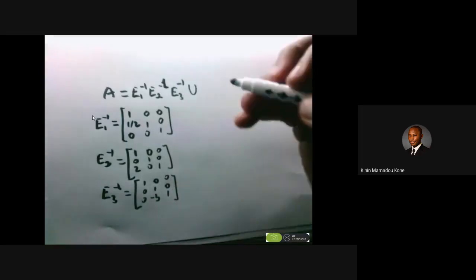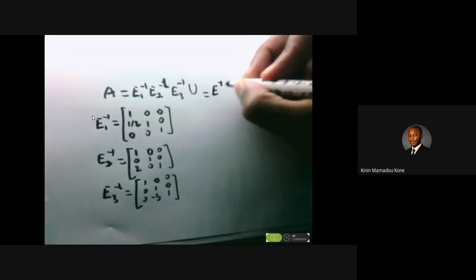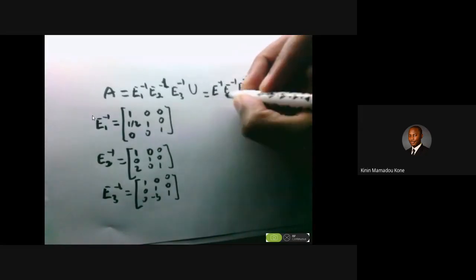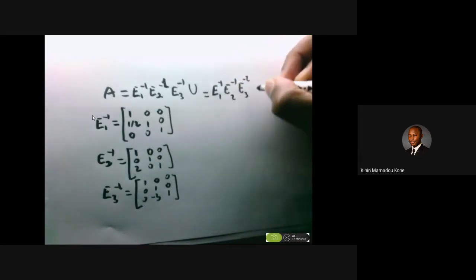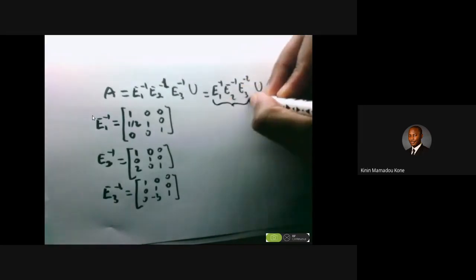And if I do E1 inverse times E2 inverse times E3 inverse, this is going to be equal to L. That's going to be L times U, equal to A.